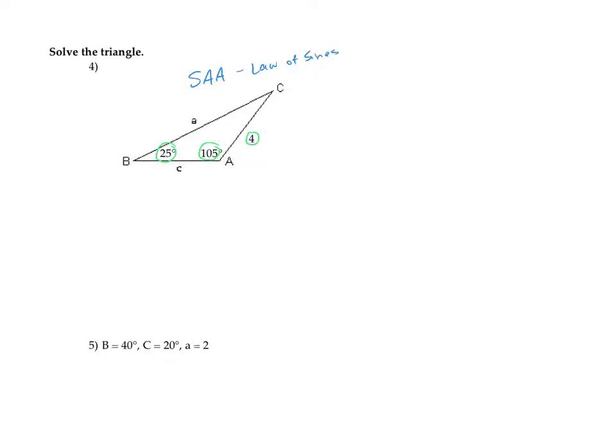And again, if you can't remember that, it's a matter of just checking to see what you know and how you can set up an equation. I always start with law of sines first, so you look at angles and their opposite side lengths to see whether or not you can create an equation that has only one unknown in it.